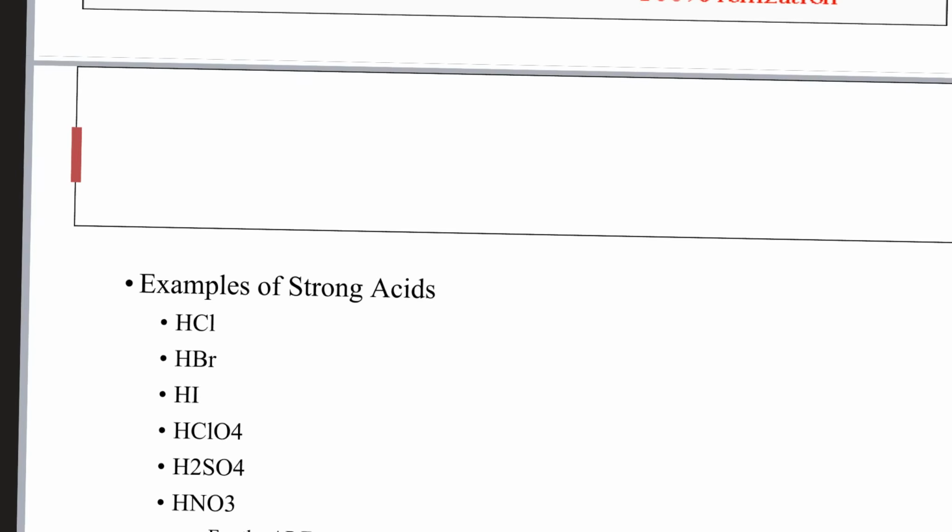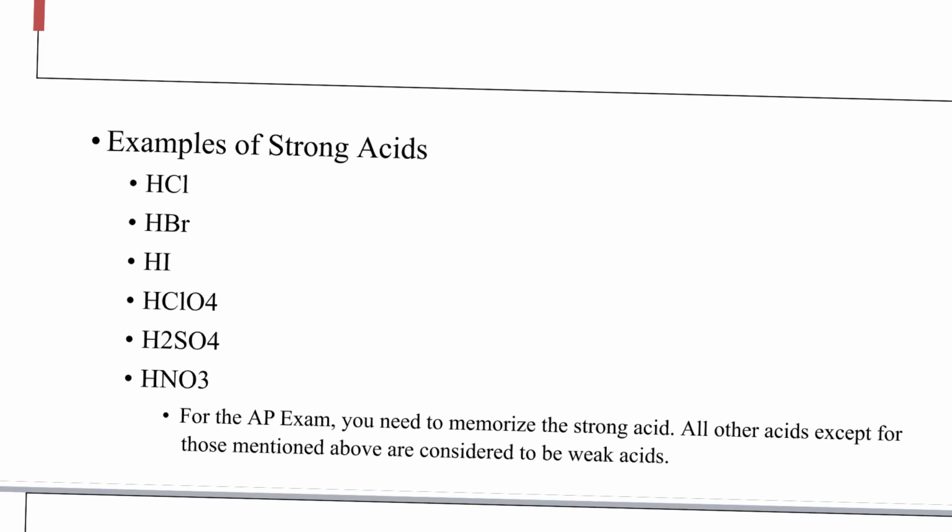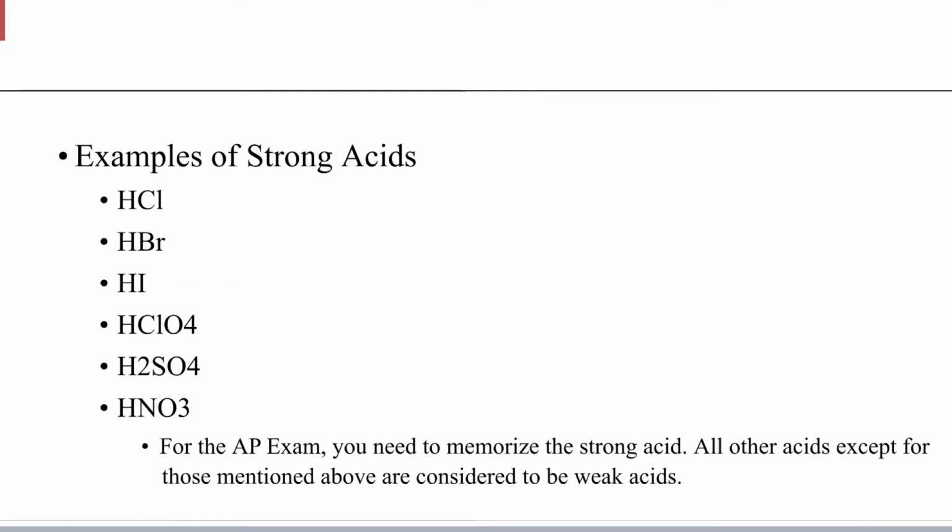Now here are some examples of strong acids. We have hydrochloric acid, hydrobromic acid, hydroiodic acid, perchloric acid, sulfuric acid, and nitric acid. For the AP exam, you're going to have to know these by memory.